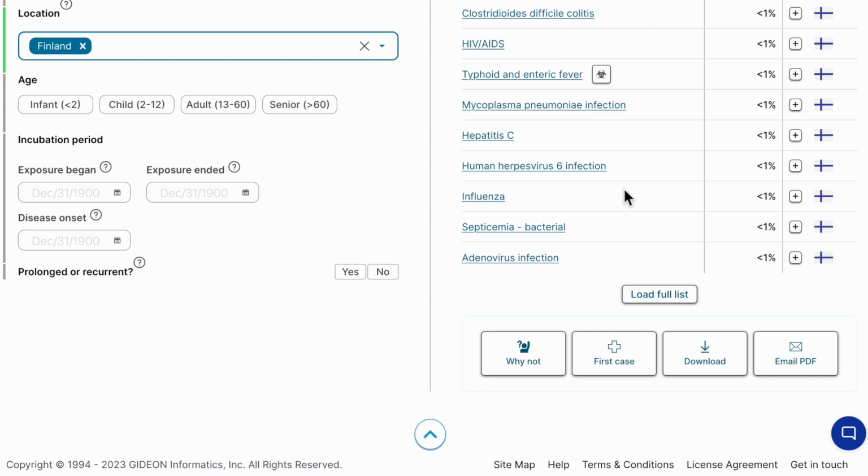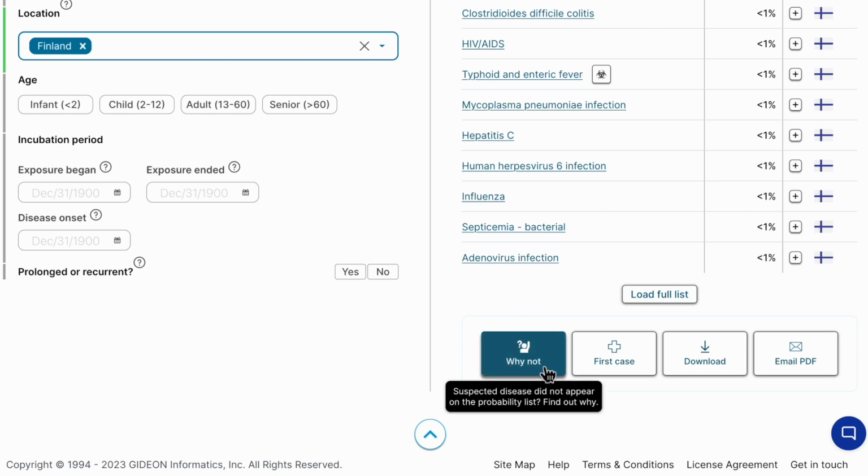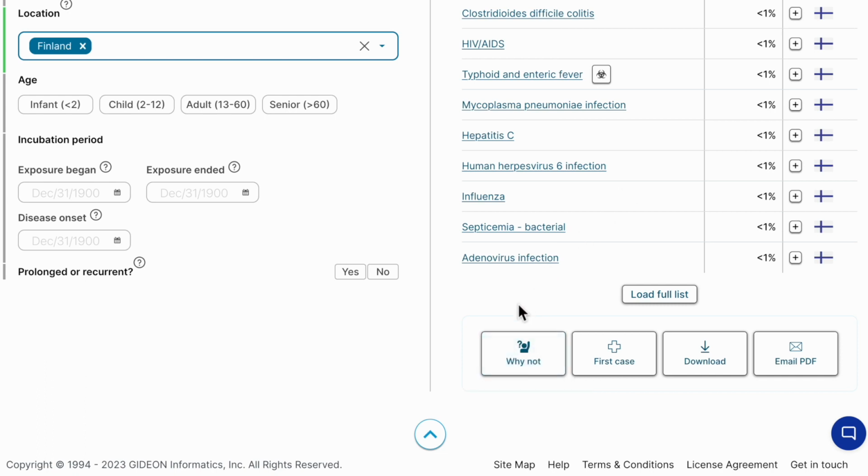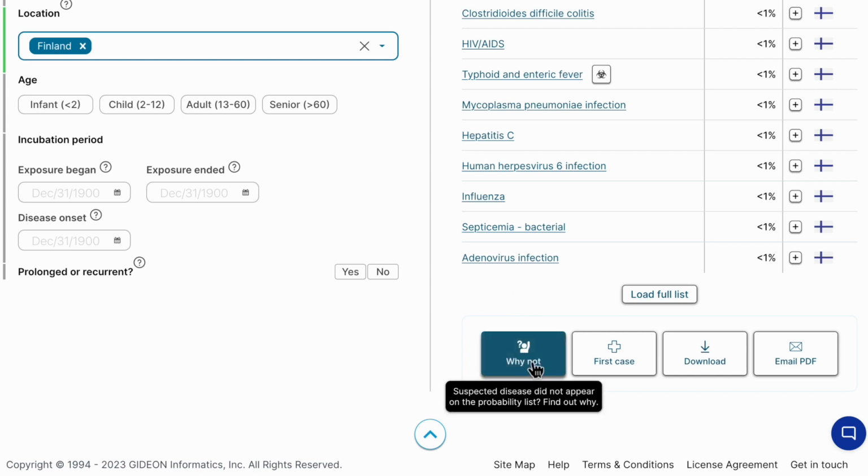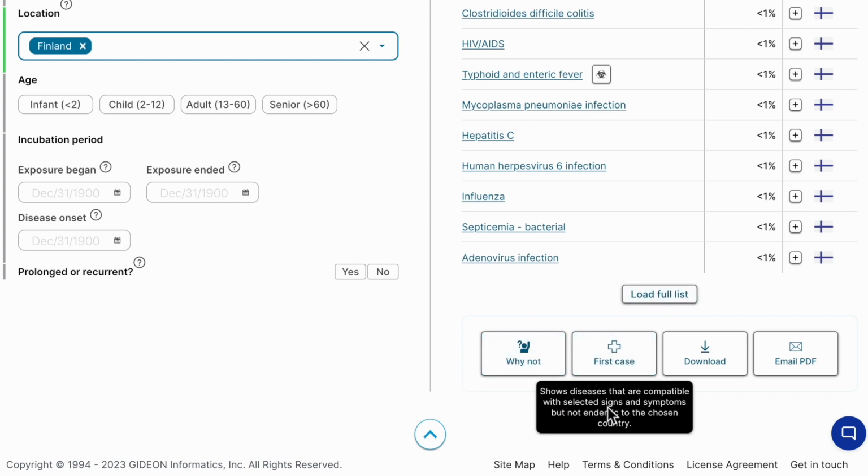We've looked at this list, and then the doctor will say, well, why is such and such not listed? I don't see the disease that I was looking for listed among the differential diagnosis. If you ask why not, and I won't go into the screen, but you'll say, why is this not anthrax, for example? If you write in anthrax, GIDEON will tell you, well, perhaps it's not in Finland and perhaps the symptoms do not apply.